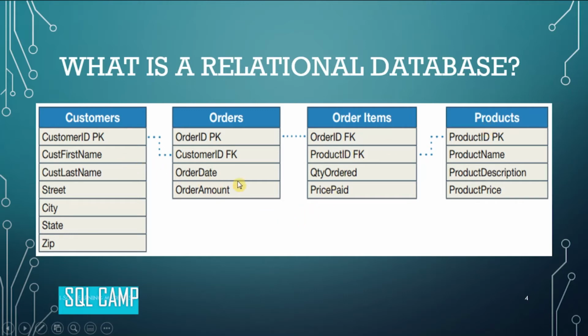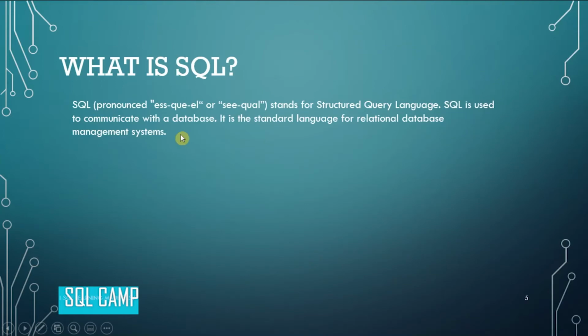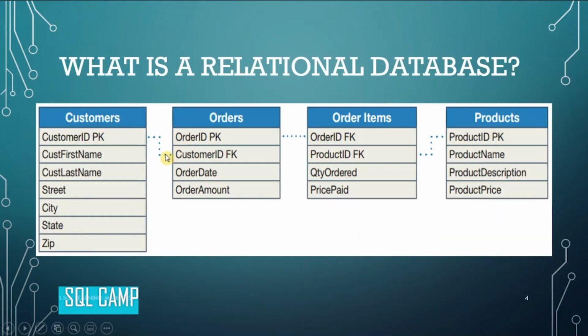So all these tables are linked together based on one or multiple columns within those tables. So for example, let's take just these 2 tables here. These two tables are linked based on the customer ID.